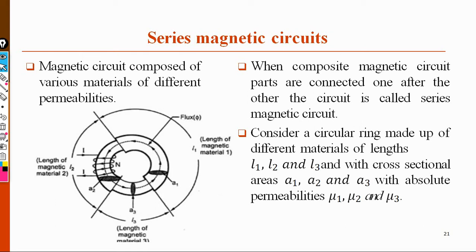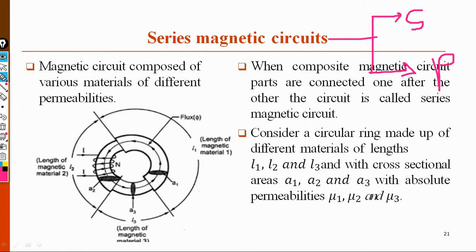Then the next point is series magnetic circuit and parallel magnetic circuit. That means magnetic circuit is classified into two types, the first one is series magnetic circuit and the other is parallel magnetic circuit.